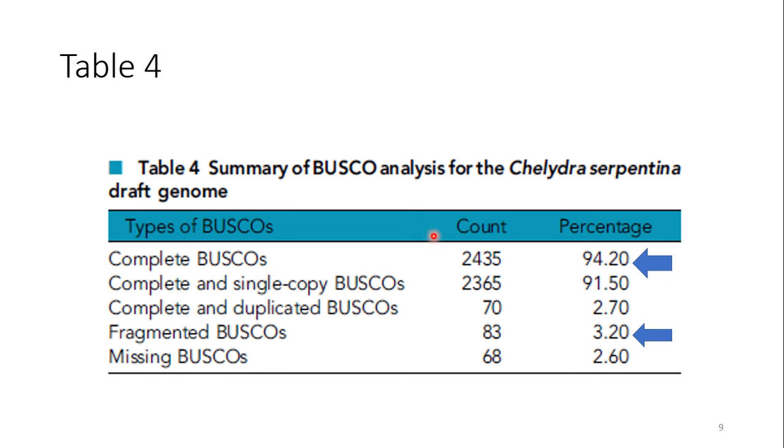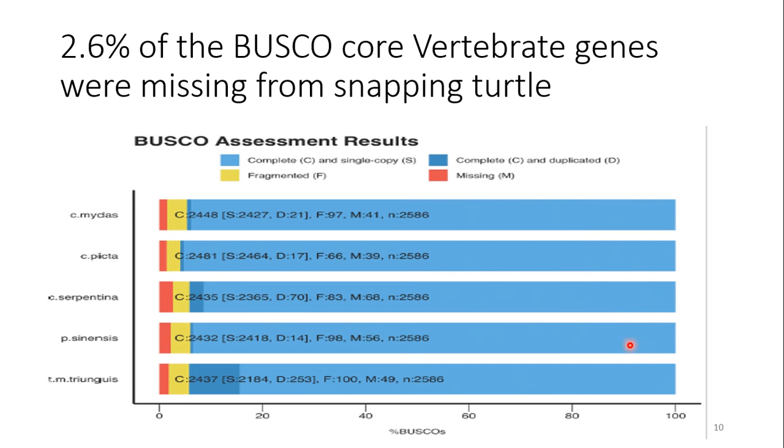So here is the genome of Chelydra serpentina, and the total genome related to BUSCO is 94% complete, and the fragmented portion contains 3.2%.